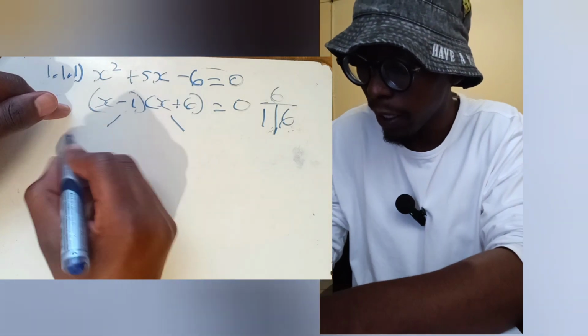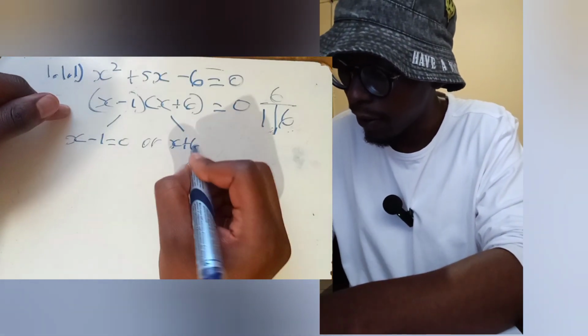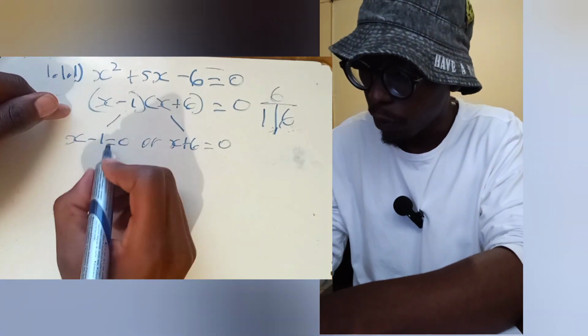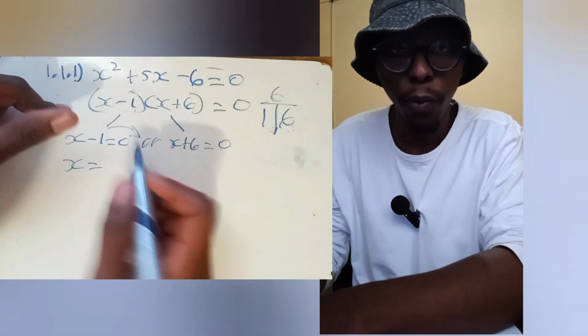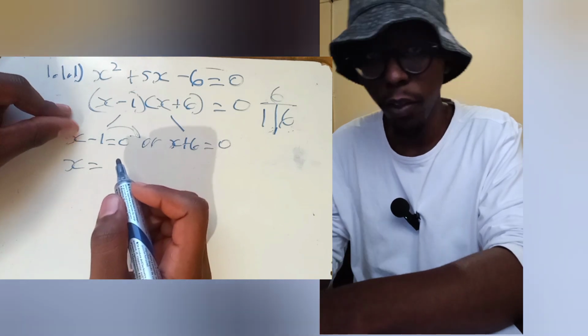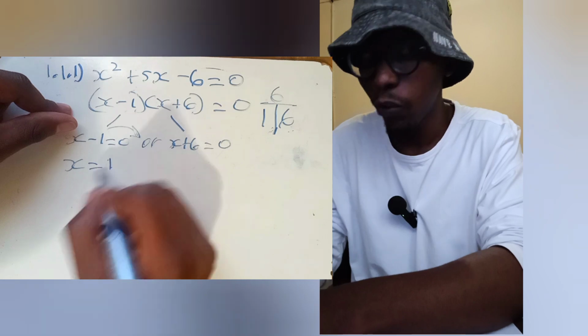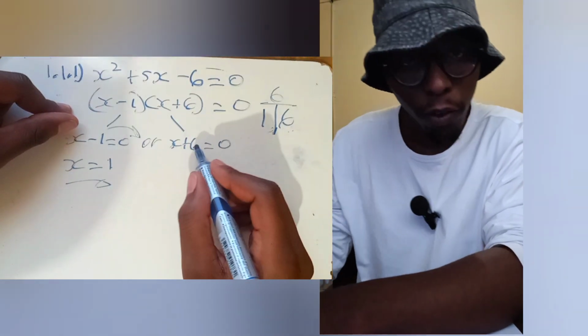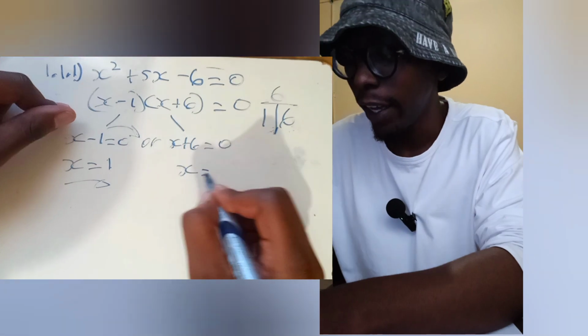So now it's either this bracket is 0 or my second bracket is 0. And then now I simply transpose. If you are negative on this side and you cross to another country, you become positive. So x is 1. And if you are positive in this country, when you cross to the other country, you become negative.